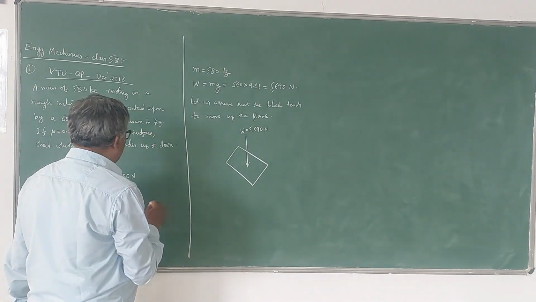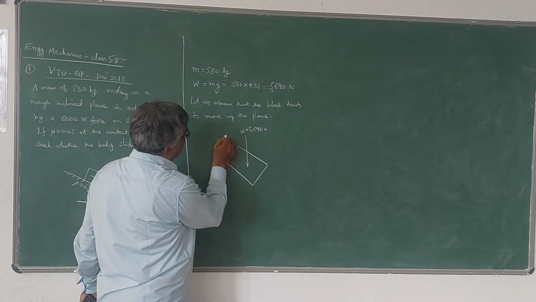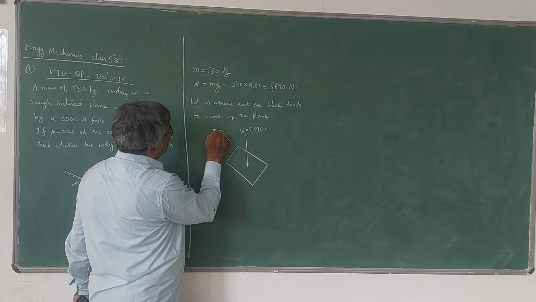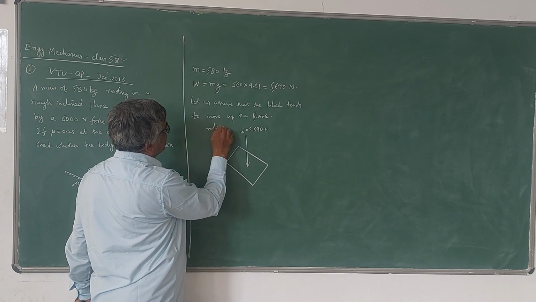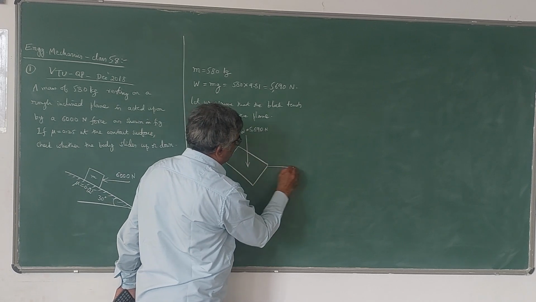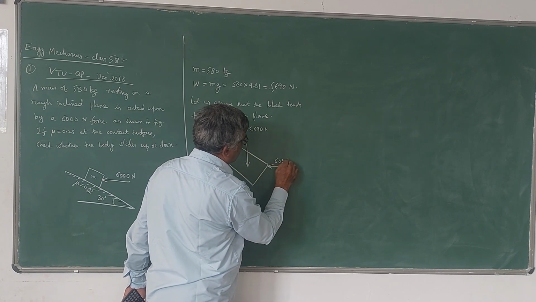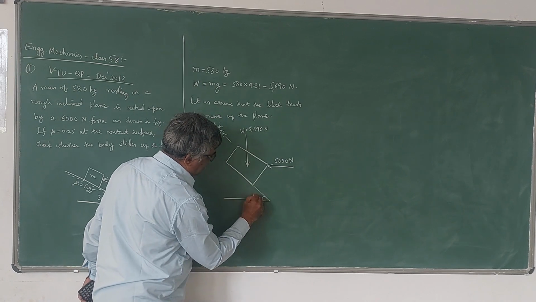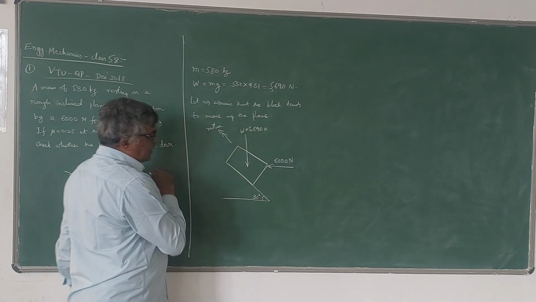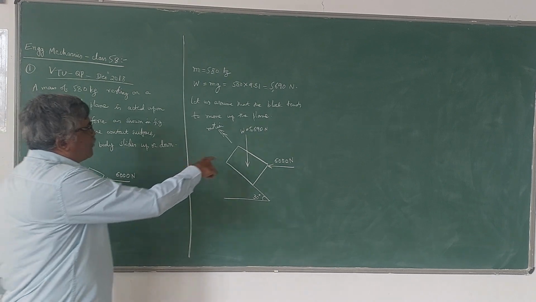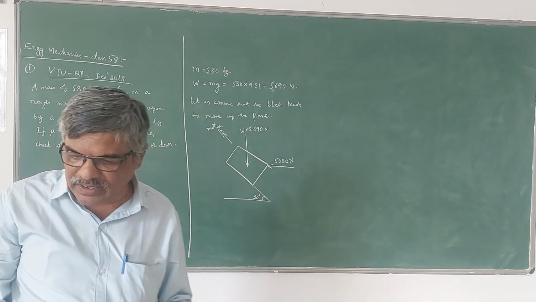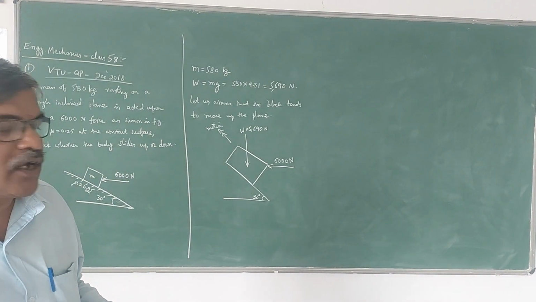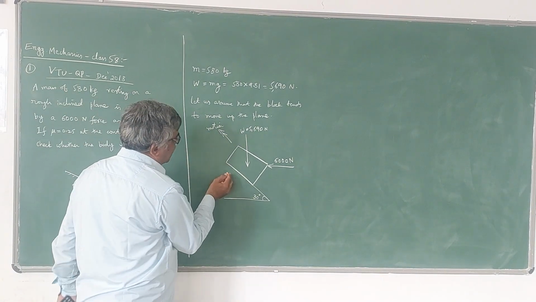Since I am assuming that the motion is up the plane due to this 6000 Newton force, this block is making an angle of 30 degrees with the horizontal. Since the motion is assumed like that, the frictional force at the contact surface will act in the opposite direction.